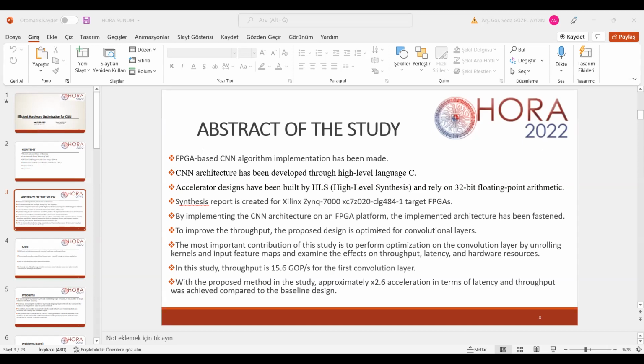In this study, throughput is measured at 15.6 giga operations per second for the first convolutional layer. With the proposed method, approximately 2.6 times acceleration in terms of latency and throughput was achieved compared to the baseline design.